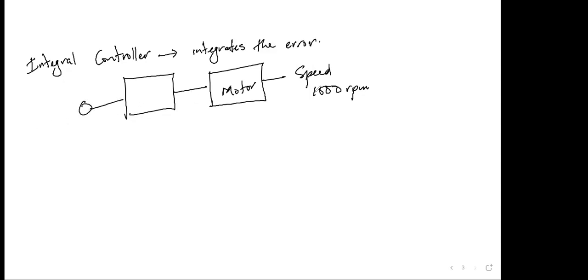So you're going to input 1,000. That is what you want, in whatever fashion you input it. And this is my error, the difference between what I want and what I have. So now, my controller.